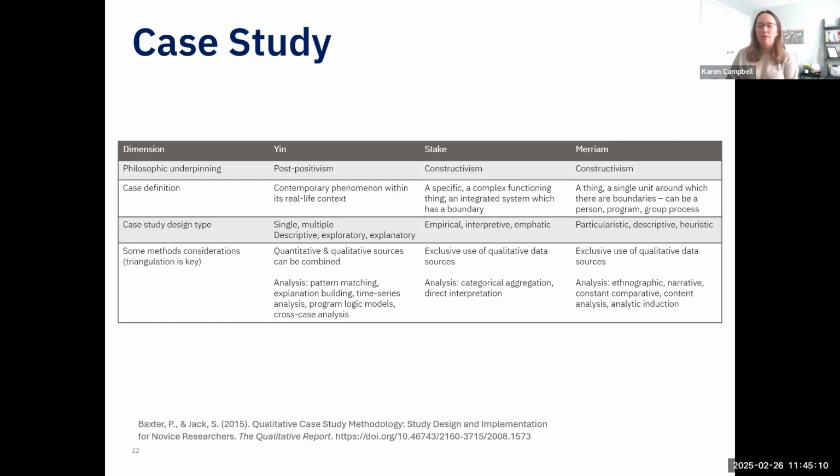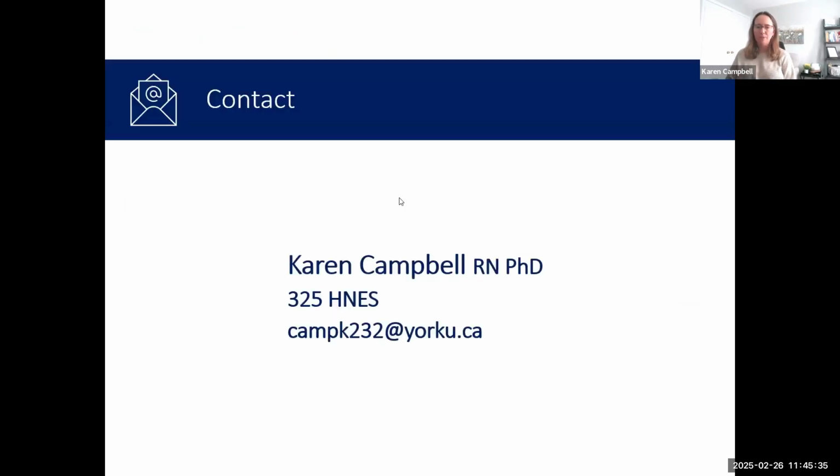Yin is one of the case study designs that you can use. It is far more post-positivist in how it collects data, and including that they often look at quantitative measures as well within that design. And then Stake and Merriam are also two other ones that are often used as well.